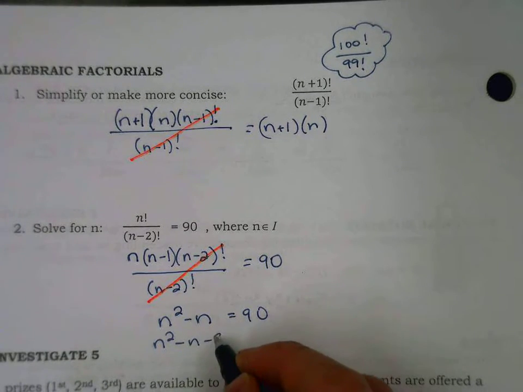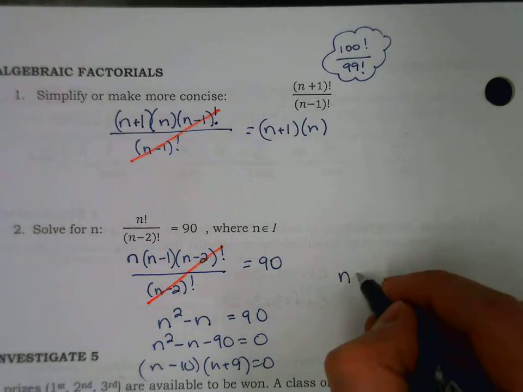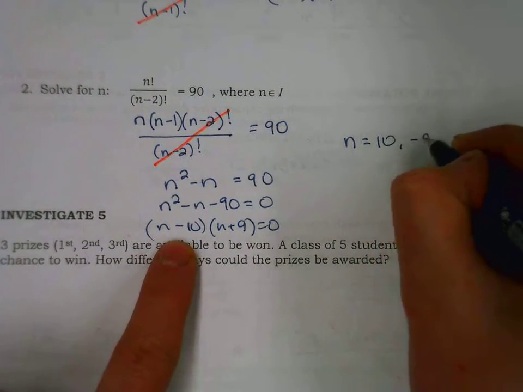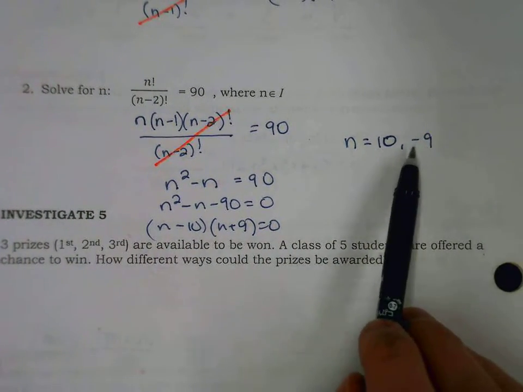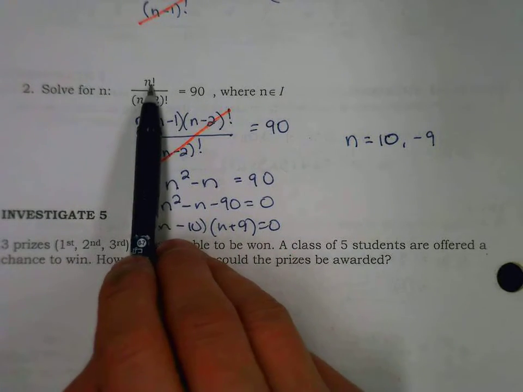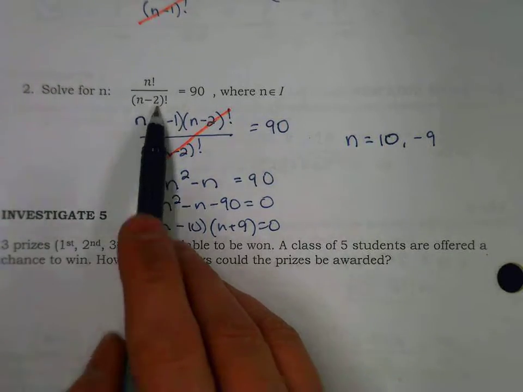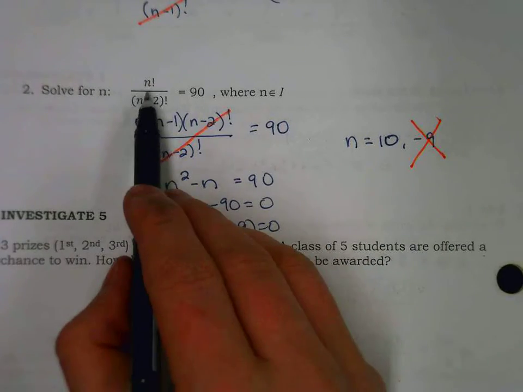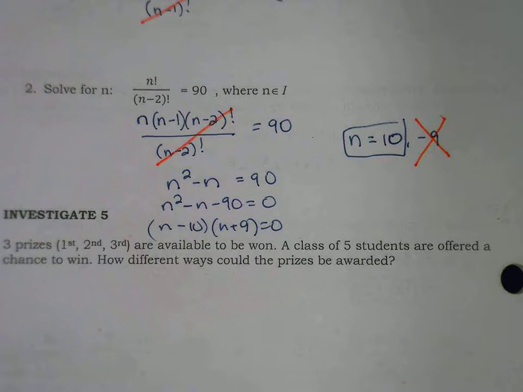Conveniently, that 90 can subtract over and factor into n minus 10, n plus 9, which equals 0, giving us two potential answers. n is 10 and negative 9. One of these is extraneous because if you take the negative 9 and return it back into the original question, we can't deal with a negative 9 factorial or a negative 9 minus 2, negative 11 factorial, so we get to say it doesn't help. But 10 factorial and 10 minus 2 factorial both are possible, so 10 does work for n.